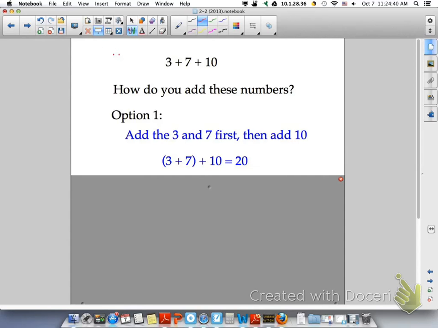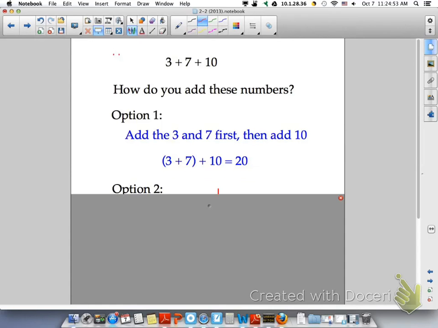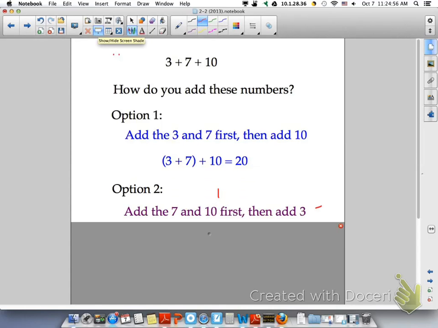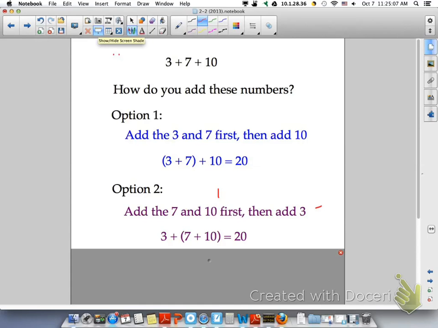So when I introduce that grouping symbol, it tells me right away that I need to add the 3 and the 7 first. Those two are grouped together, right? And then you can add the 10. And if I'm using Troy's method, where would I introduce the parentheses? Around the 7 and the 10, and that would tell you add those two first and get 17 and then add the 3 to get a 20.